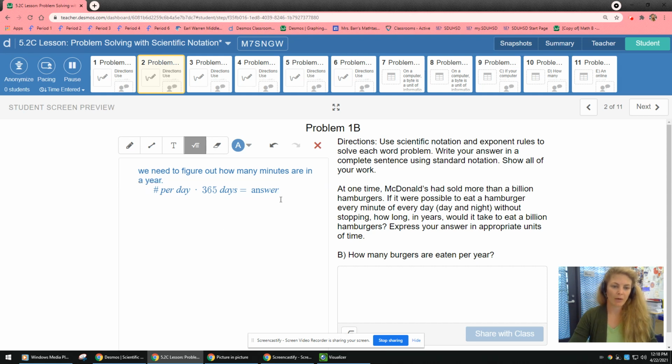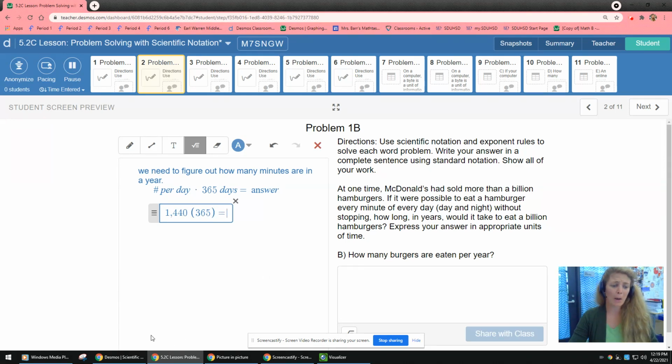So that is our problem solving plan, and it's often really helpful to write down your problem solving plan before you actually start putting in the numbers. So how many hamburgers are eaten per day? That's 1,440, and we're going to multiply that by 365 to get how many hamburgers are eaten in a year.